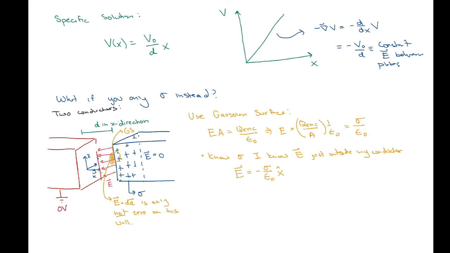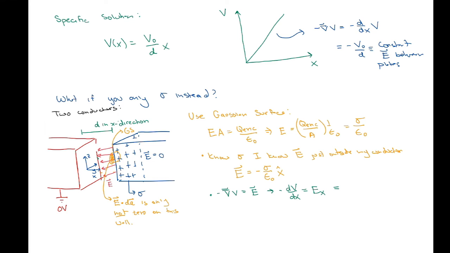Okay, and then if I want to take this a little bit further, I know that the negative gradient of the potential is equal to E. So this tells me, for this one-dimensional problem, with full derivatives, that the derivative of the potential with respect to x is equal to my E sub x.